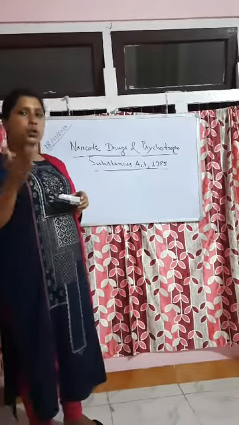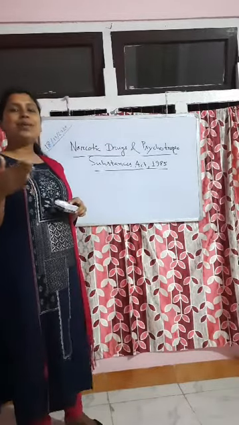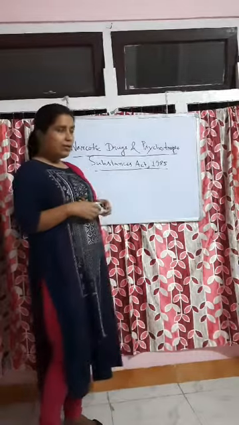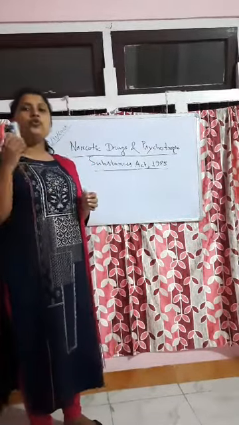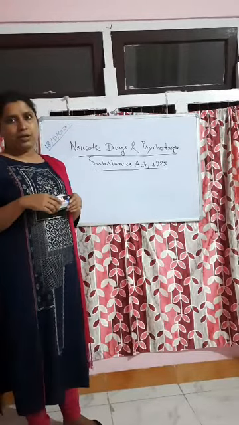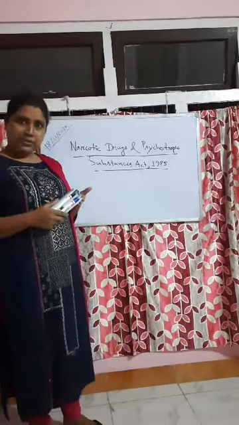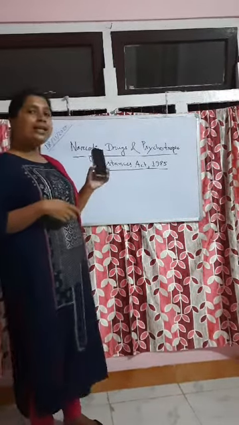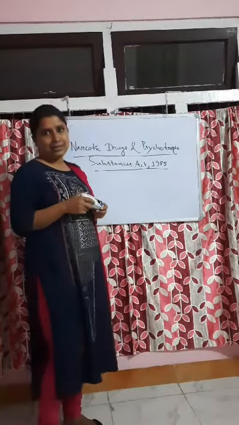So from this discussion you may know what the objective of this act is. The objective of this act is to regulate the cultivation, manufacturing, sale of all kinds of narcotic and psychotropic substances.